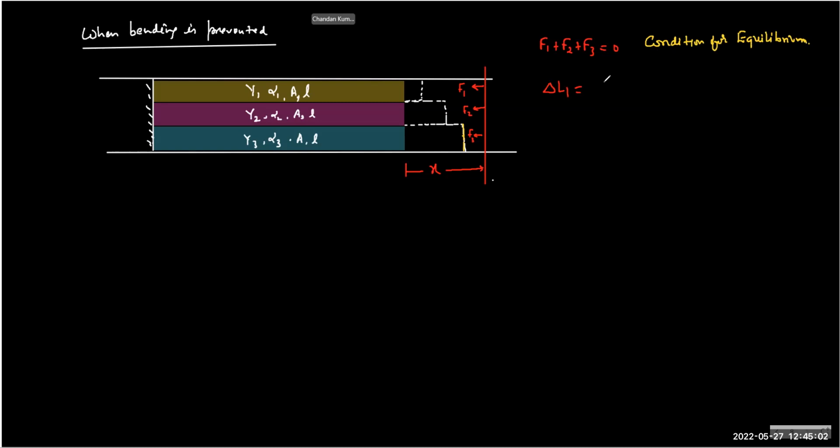The first rod will deform by x minus its natural expansion, because that is what I'm allowing. So this is the extra. You can call the natural expansion some value. So this is x minus that. So delta L1 is how much?